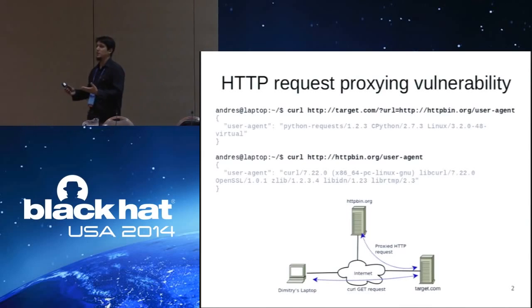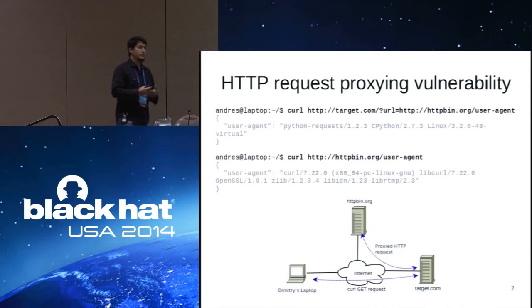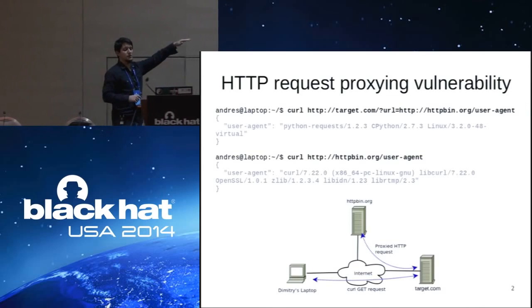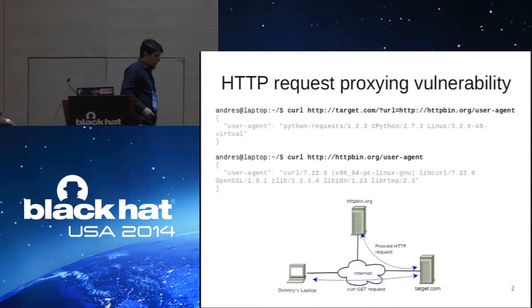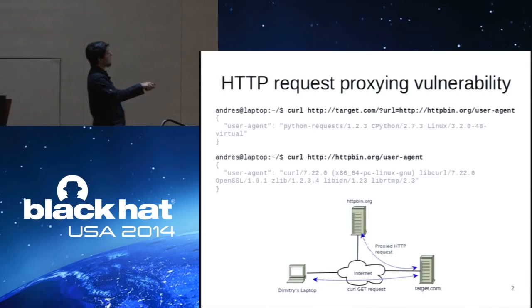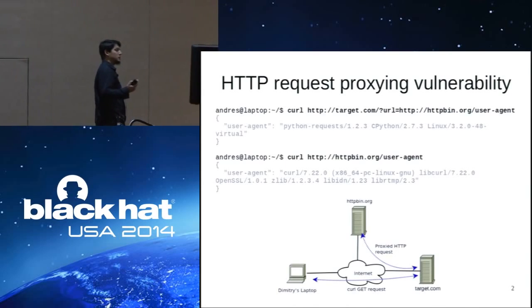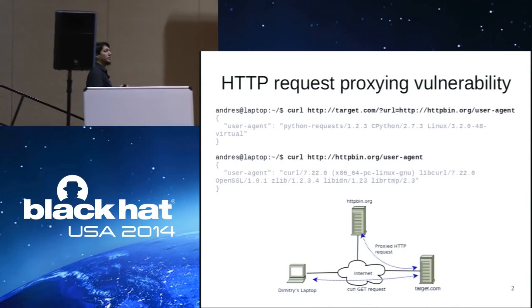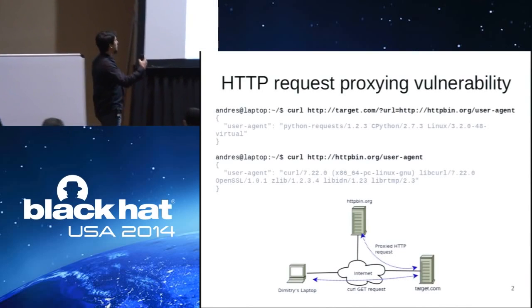I'm sure most of you have already seen this, but the basic idea is that you perform an HTTP request, like in the first line that you see there, to a URL that has a URL parameter, and the vulnerable web application is going to forward that HTTP request and return the response.